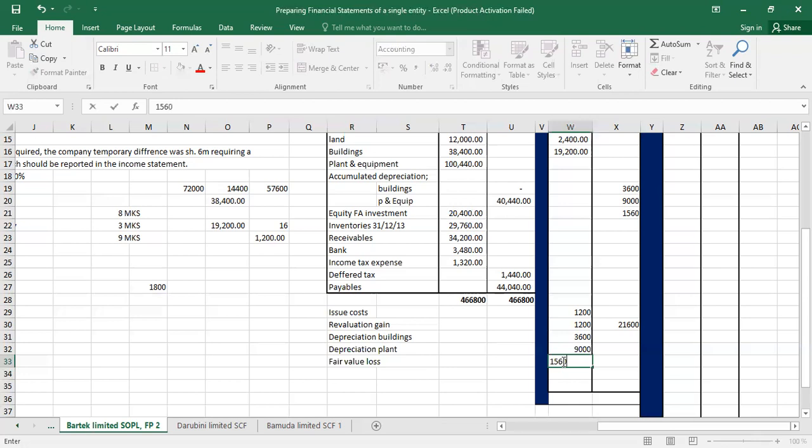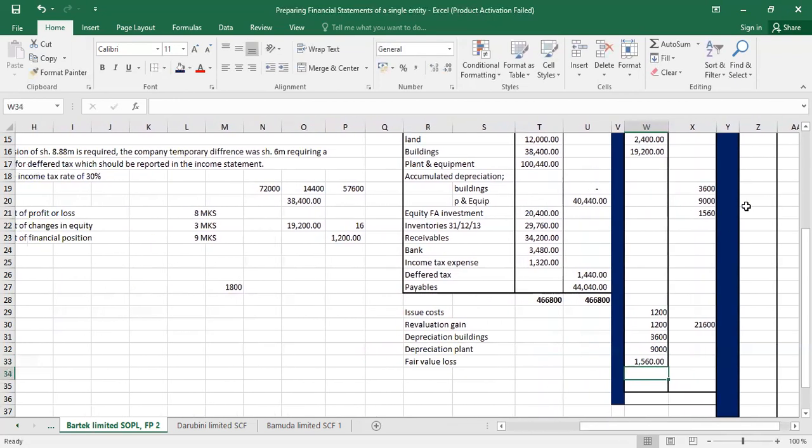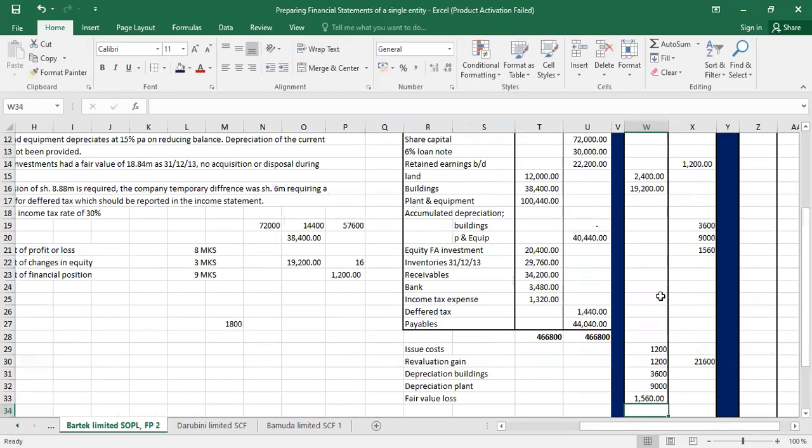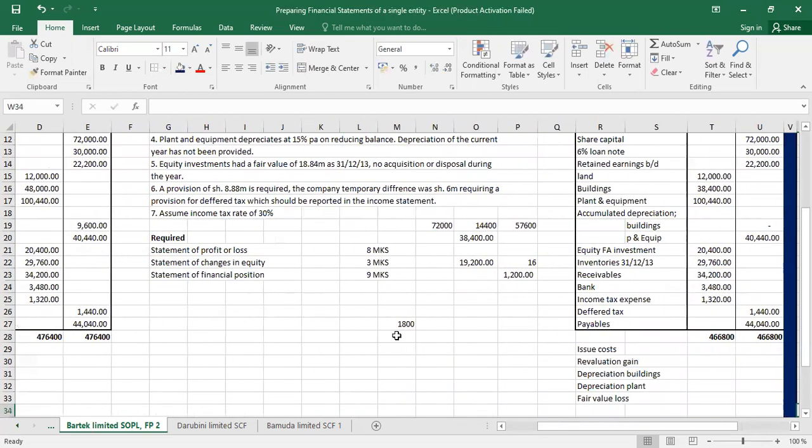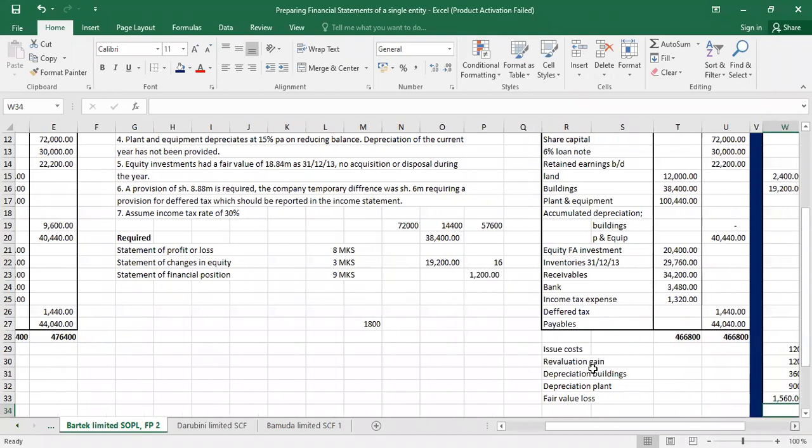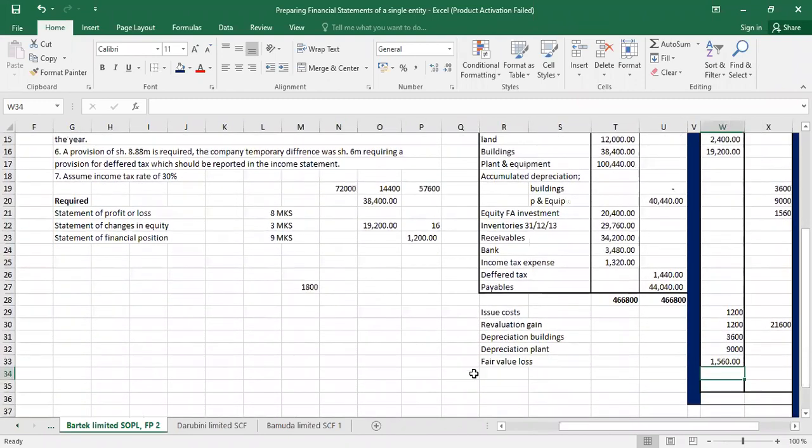We move to the next. So that one we finish on note number 6. A provision of 8.8 million is required, isn't it? When you just see a provision, it becomes like taxation, isn't it?